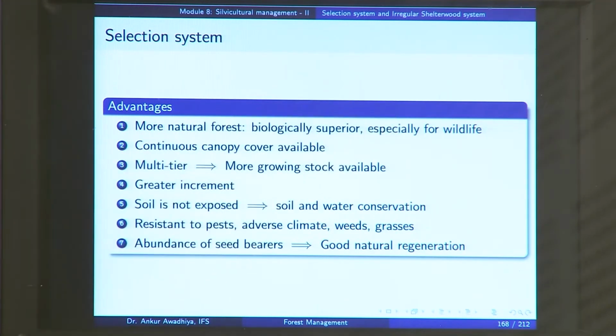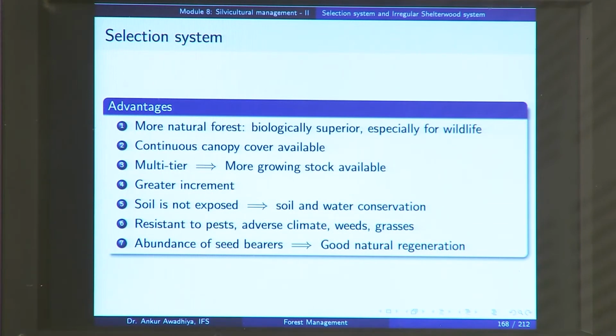and especially for wildlife, because all these trees of different age classes have their own utility. In the case of an ideal selection forest, you have a large number of young trees which can be used as food by the herbivores. You have a small number of very old trees which will have hollows, and they can be used as nesting areas or as breeding areas by, say, birds or small mammals or even reptiles.